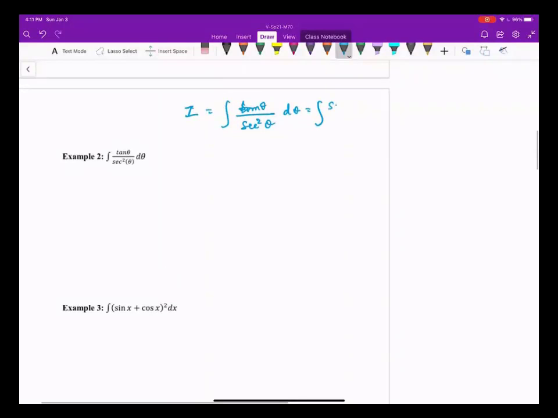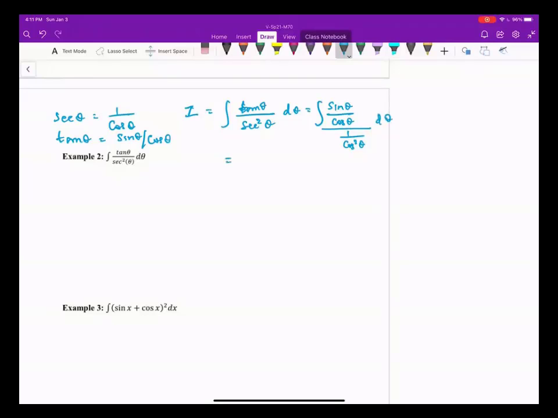So tan is sine over cosine. Secant square theta is 1 over cosine square theta, since the reciprocal of cosine is secant.